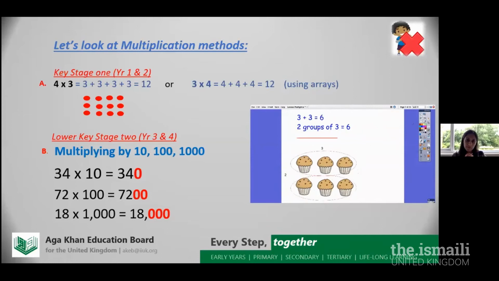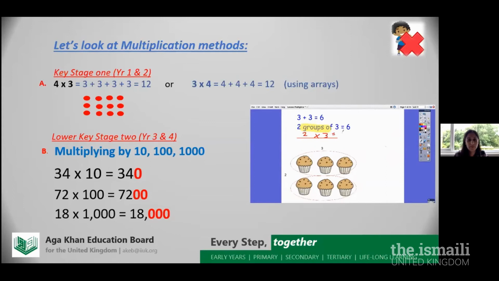Now that I know that, I can help write my multiplication sentence. So when I see this phrase, groups of or lots of, I know that that means the same as multiplication. So I can write my times symbol there. Then I can put the other numbers in. So I know that I have 2 groups of 3 cakes, and I'm going to write that in so I've got my full multiplication sentence.